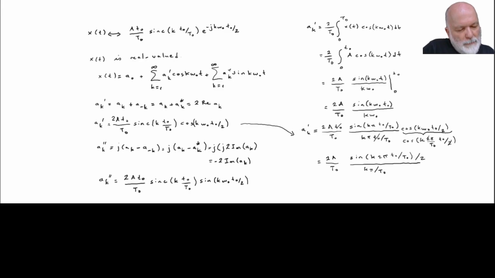Now this 2 can be included in the denominator, and we can write this as 2a over T0 sine k, again 2 pi over T0 can be converted back to omega 0, omega 0 t0 divided by k times, now 2 is included in the denominator, 2 pi over T0, which is equal to omega 0.